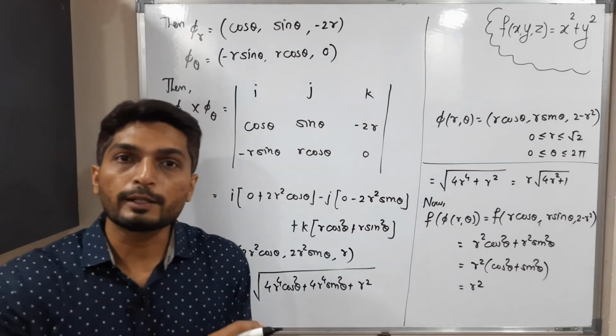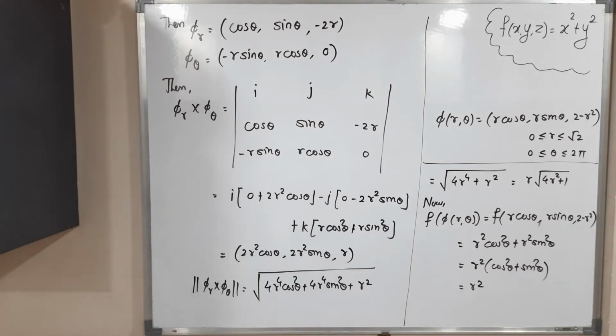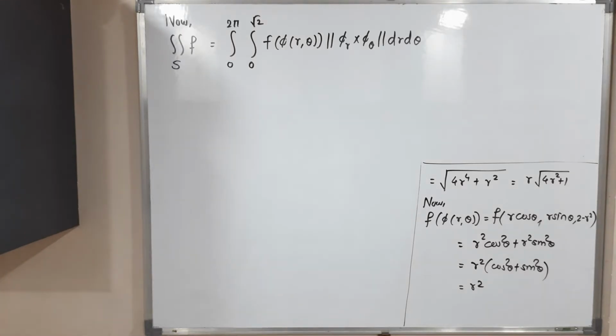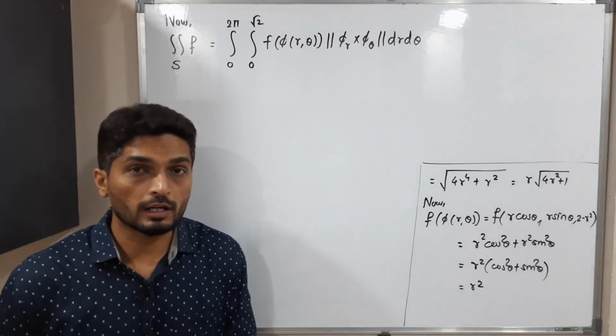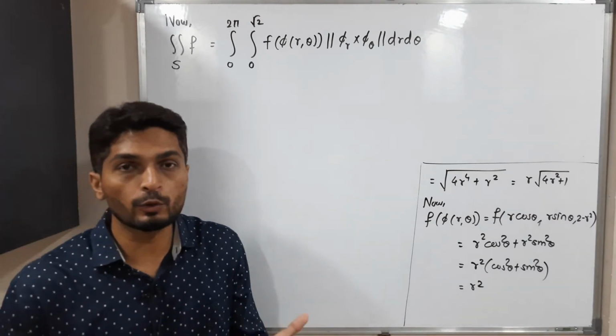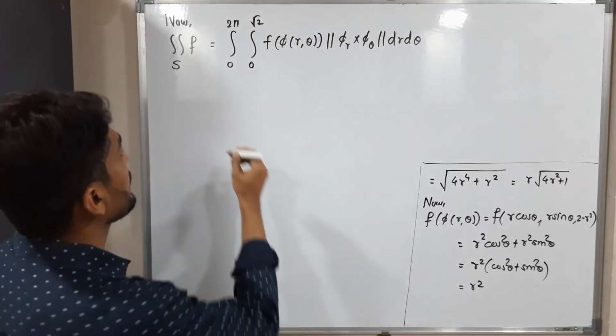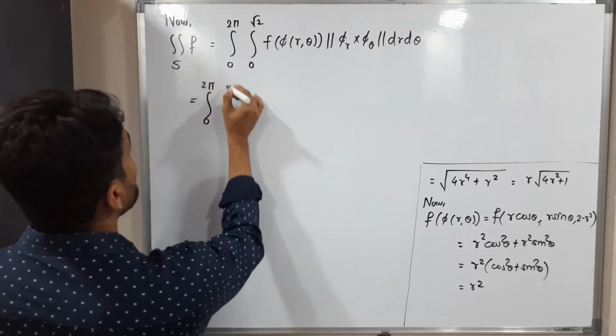So let us put all those values in the definition. Okay, we are going to do that. Let us find the value of the surface integral now. The definition I wrote here. We know that the limits of r are 0 to root 2, and theta varies from 0 to 2 pi. So in the definition we are going to put the values 0 to 2 pi, 0 to root 2.